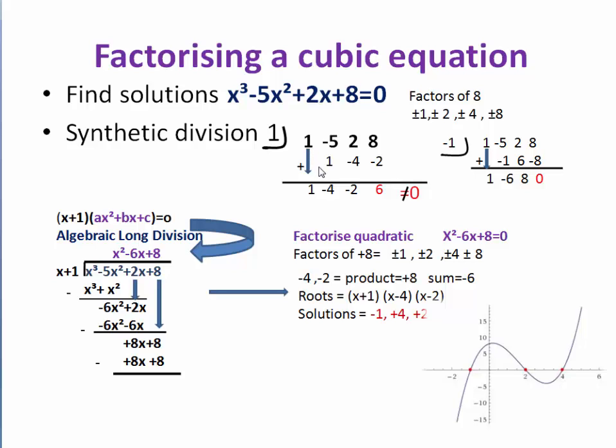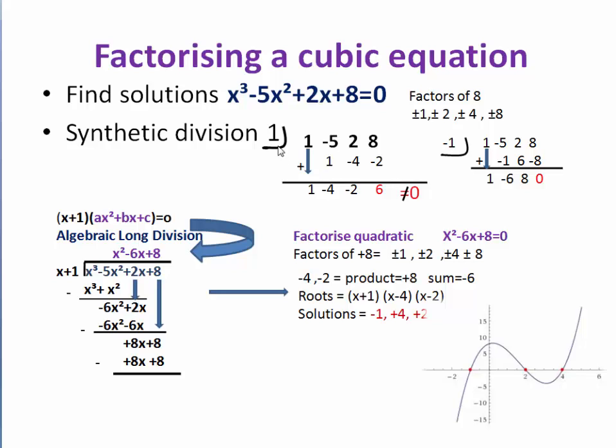So now we do 1 times 1 is 1. Add these two columns, minus 5 plus 1, minus 4. Minus 4 times 1, minus 4, put it here. 2 plus minus 4, minus 2.